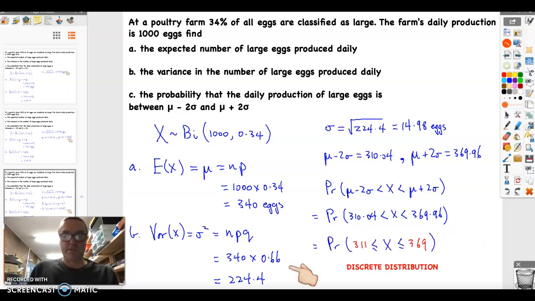So the first discrete number of eggs that is greater than 310.04 is 311. And the first discrete value that is less than 369.96 is 369. And it will be these two values that I use as the lower and upper bound on my calculator.